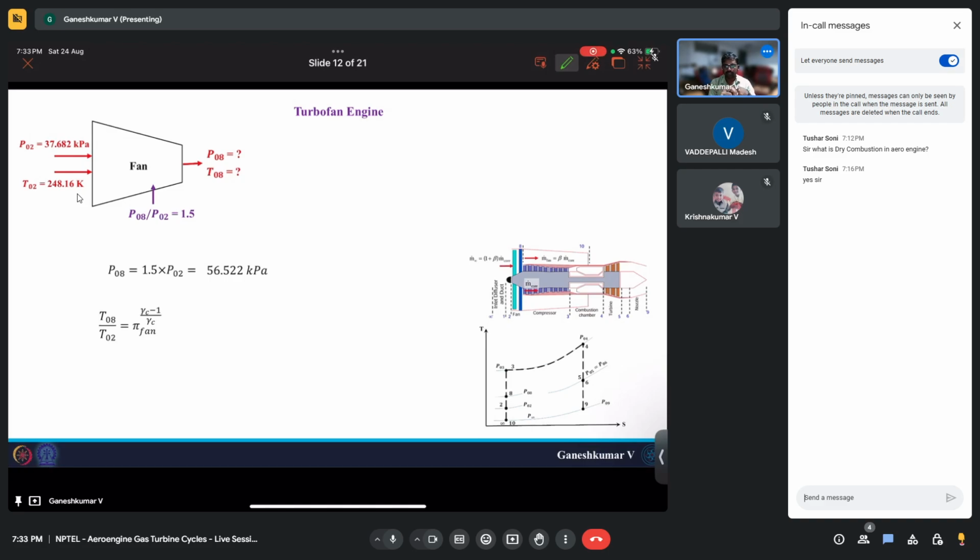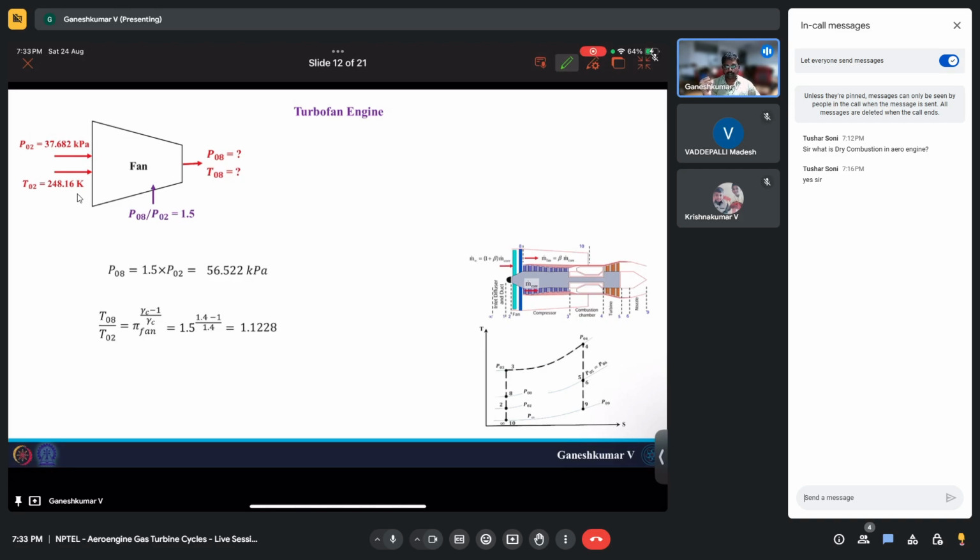We all know this is also from the isentropic process, basic thermodynamics formula. If we know the pressure ratio, then we can easily find the temperature ratio. So if you substitute the pi fan, which is P08 by P02, into 1.5 power (1.4 minus 1) by 1.4, you will end up having a temperature ratio of 1.1228.